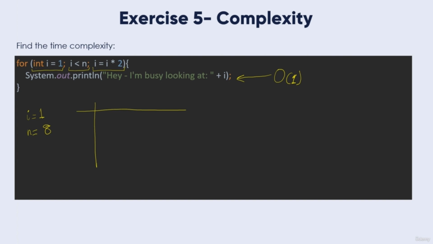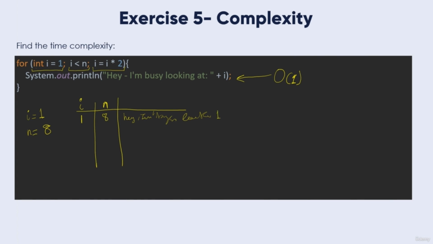So, i is equal to 1 at the first stage. Okay? n is equal to 8. And what is printed here? System.out.print. I am looking at the i value, which is 1.